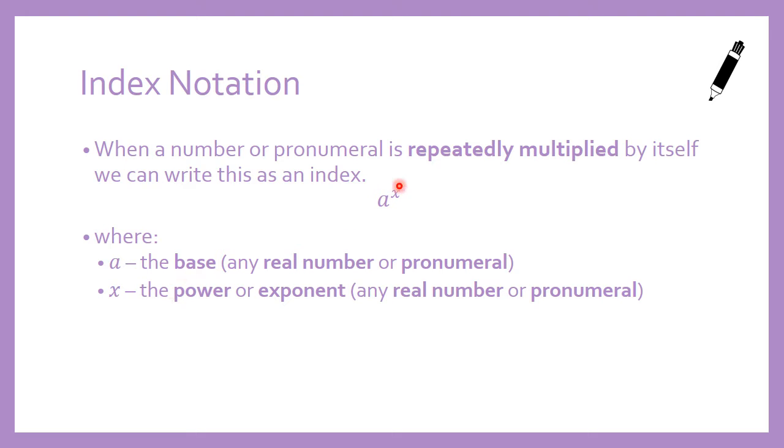And x is the power, so that's again any real number, any pronumeral, so any variable. What this means is that we have a multiplied by itself x times. So x is the number of times we've multiplied a by itself.